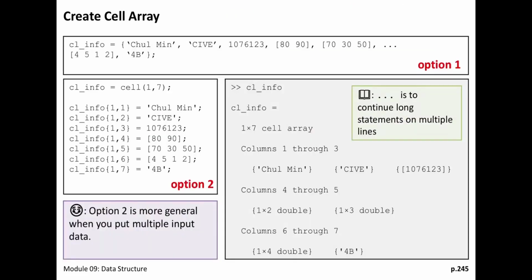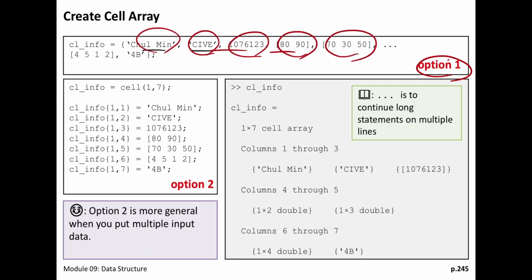So one way of creating a cell is directly putting the values inside the curly braces. That is option 1. So this one is 1, 2, 3, 4, 5, 6, 7, so a 1 by 7 cell array.